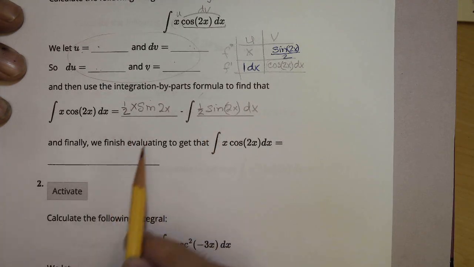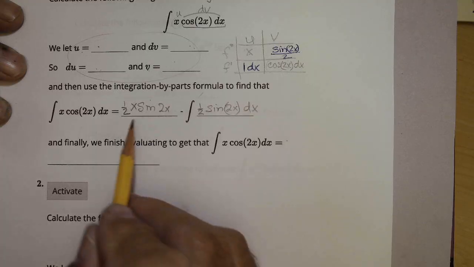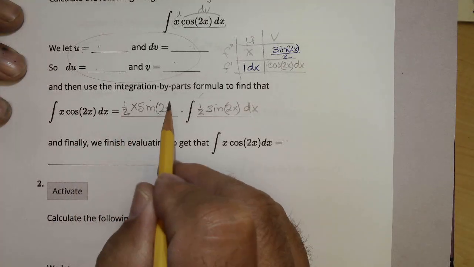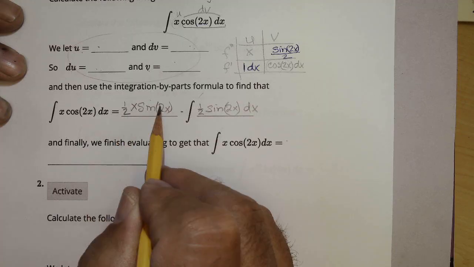So when we finally finish up, we've got, this is inside the function, outside, so the 2's don't cancel.